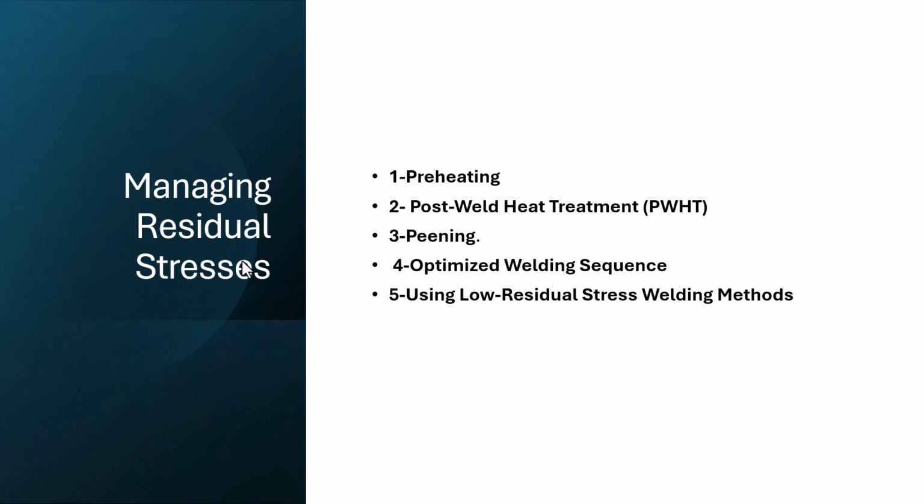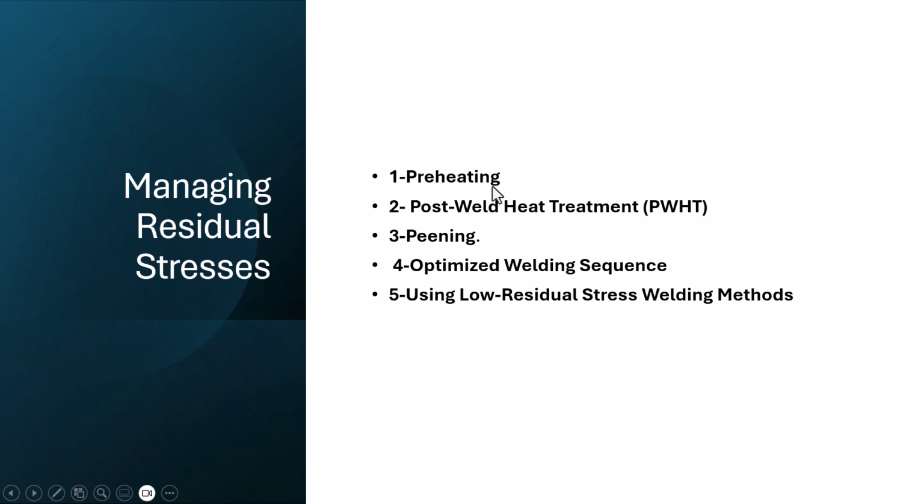This preheating can slow down the cooling rate, so the material doesn't cool down as fast. Instead of dealing with material which is at 20 degrees centigrade, imagine that we do the preheating and it is already 100 degrees centigrade when we weld. This slows down the cooling rate, which is pretty useful and is one of the most widely used processes for managing residual stresses.